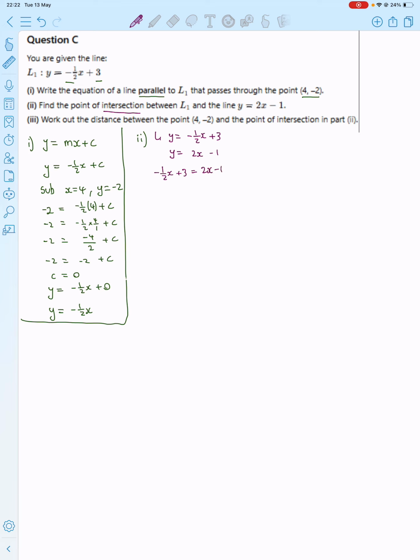Cool. What I'm going to do now is add a half x to both sides. So that gives us 3 equals 2x minus 1 plus a half x. Adding 1 to both sides because of this minus 1 gives us 4 equals 2x plus a half x. To get 2x plus a half x, I'm doing 2 plus a half, which is the same thing as 2 over 1 plus 1 over 2.